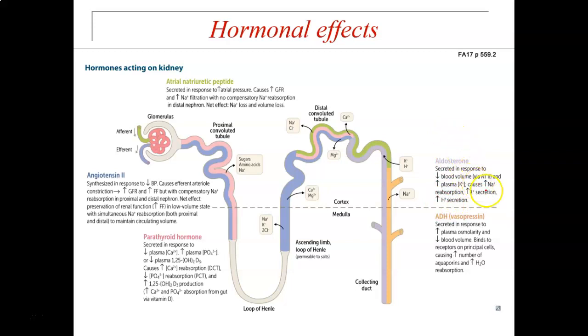One of the things with this, let's just forget this for a second. The reason why I previously hadn't talked about it, but when we look right here, sodium reabsorption, hydrogen secretion. Remember those antiporters?